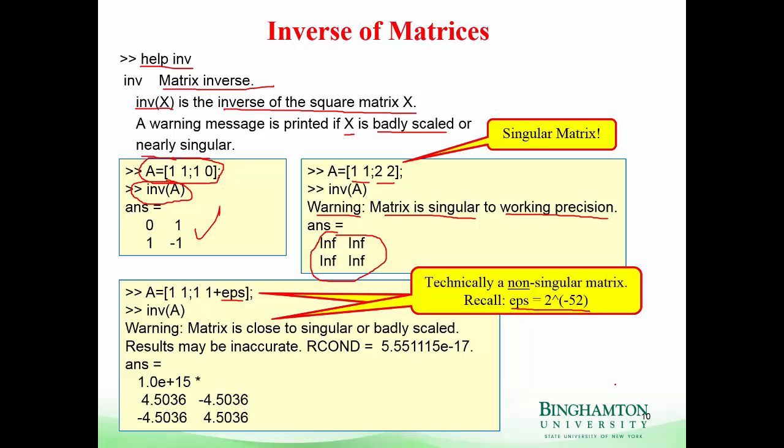So what I've done here is I've created a matrix that looks like this. The first column is 1 and 1, so that's this number and this number. The second column is going to be 1 and 1 plus epsilon. Epsilon is an extremely small number.